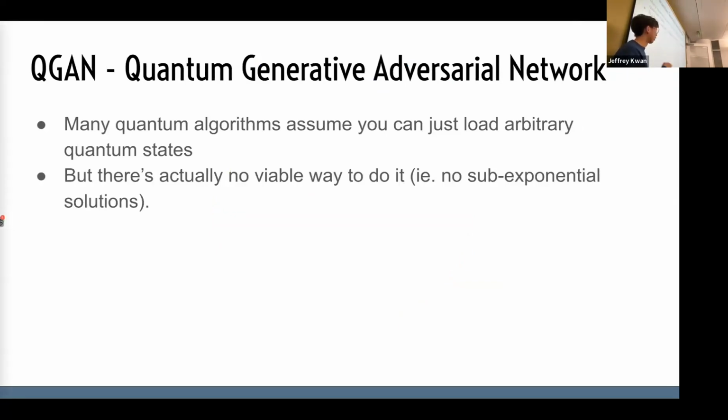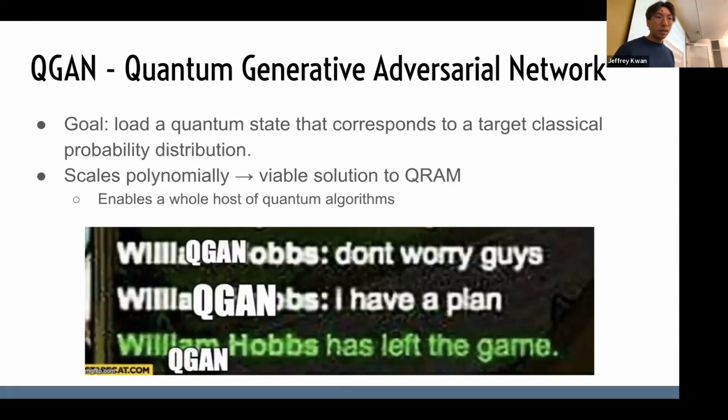The fastest known algorithm to do that is exponential time, which completely gets rid of the advantages of quantum computers, right? So the QGAN claims that it can load a quantum state that corresponds to a target classical probability distribution in polynomial time, which is good because that's much faster than whatever we had before.